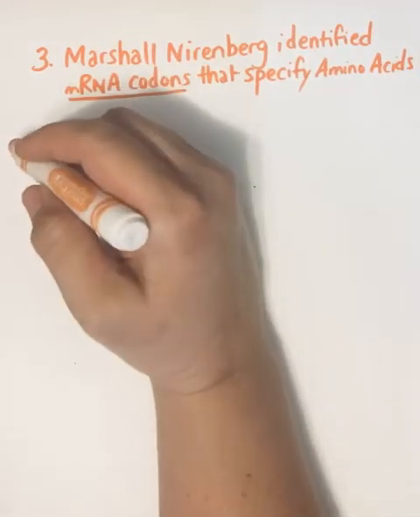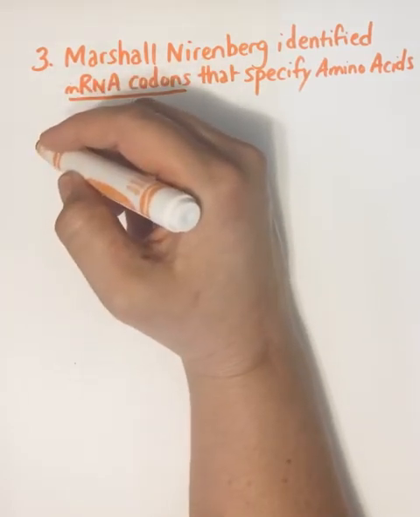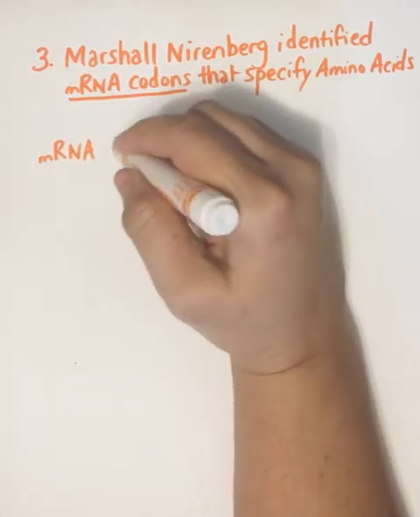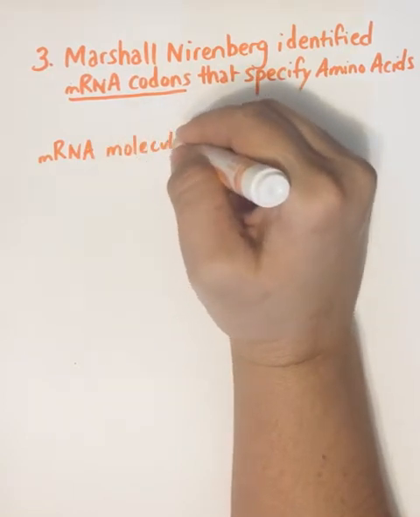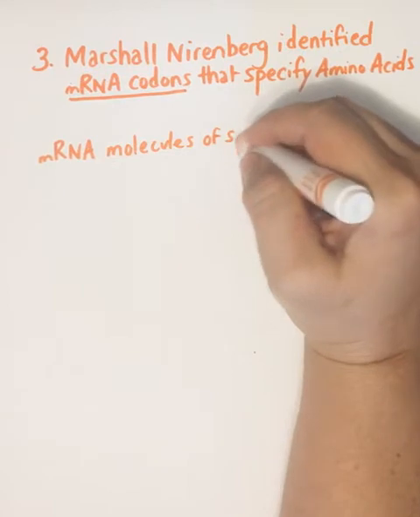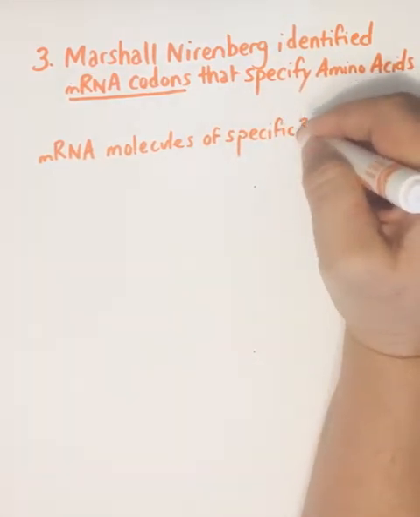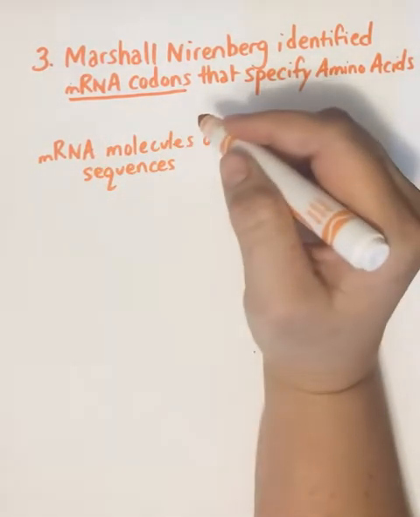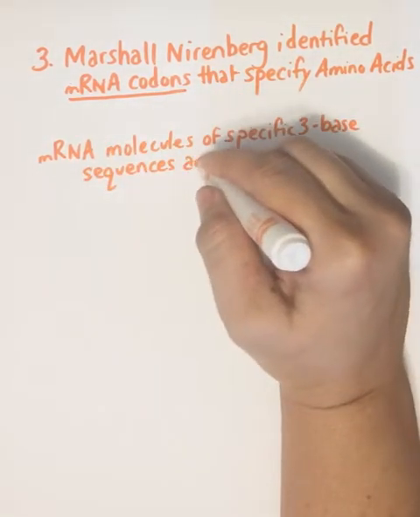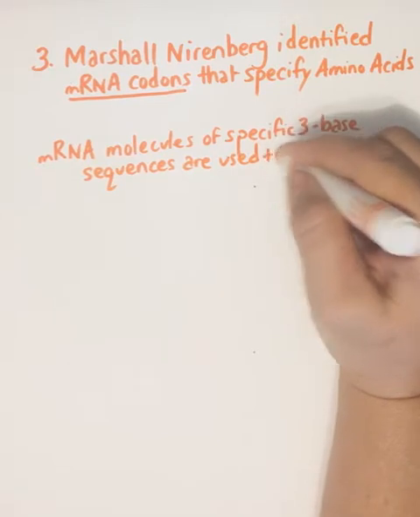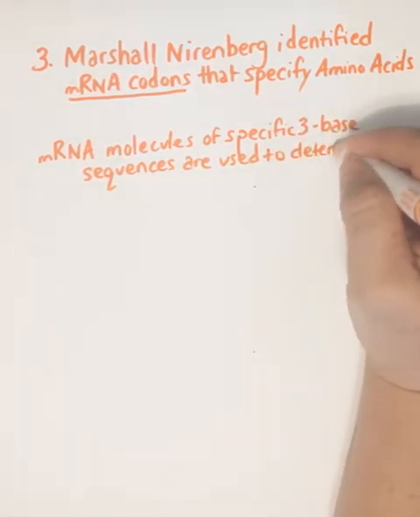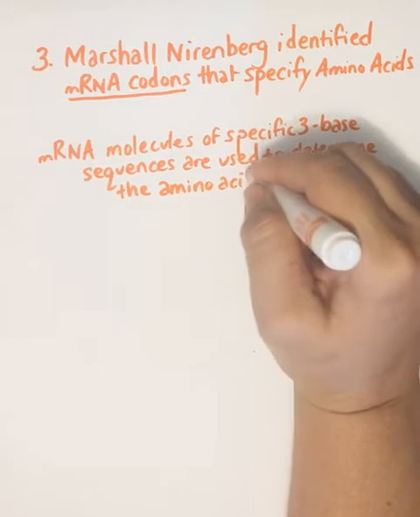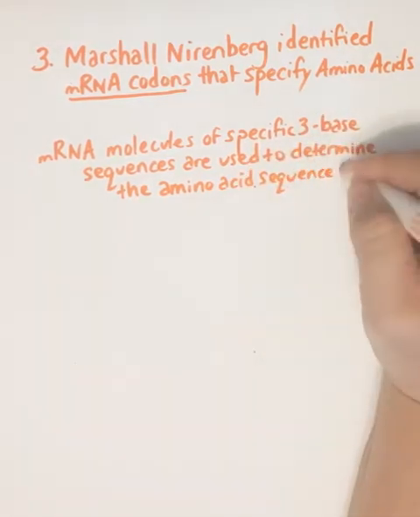So, what he determined: mRNA molecules of specific 3 base sequences are used to determine the amino acid sequence of a protein.